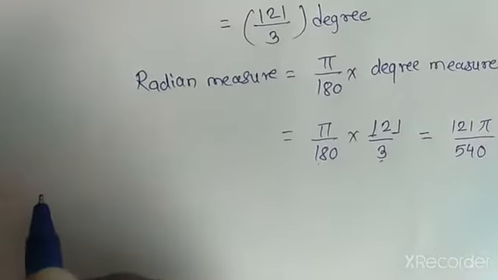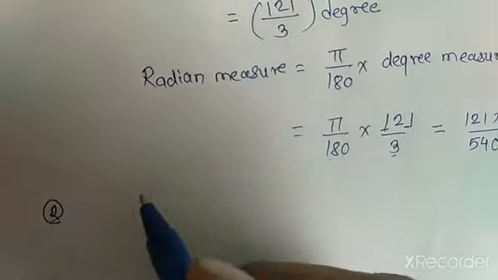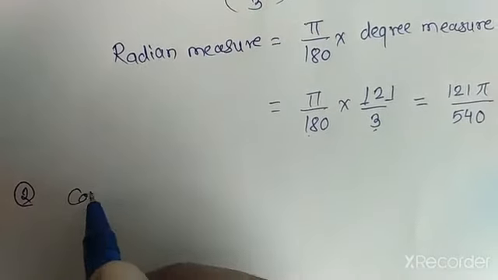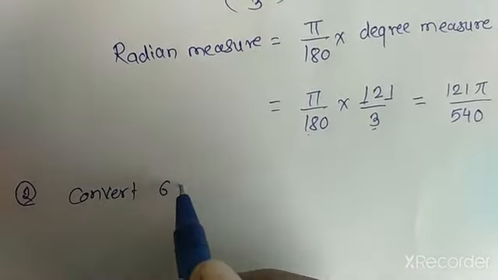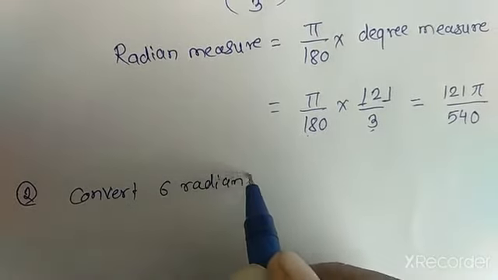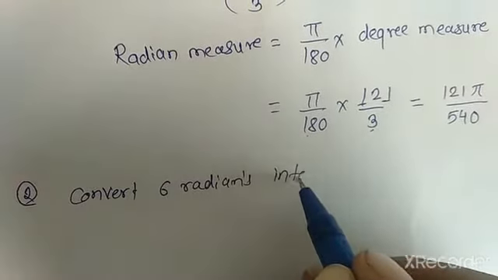Now consider the second example, in which we see conversion of radian into degree. Convert 6 radian into degree measure.